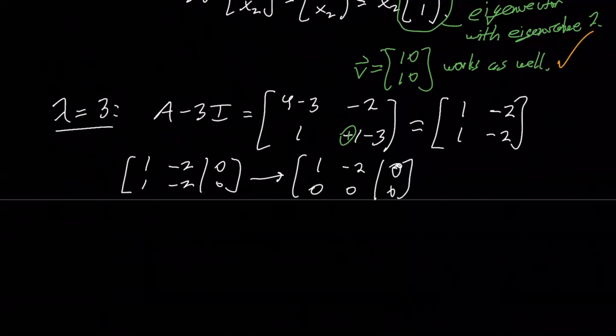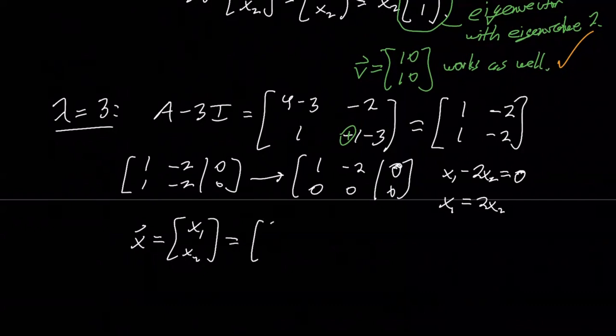And that means x1 minus 2x2 equals 0, or x1 equals 2x2. And so the solution to this, if I rewrite it in terms of the free variable, is x2 times 2, 1. So this is the eigenvector with eigenvalue 3.